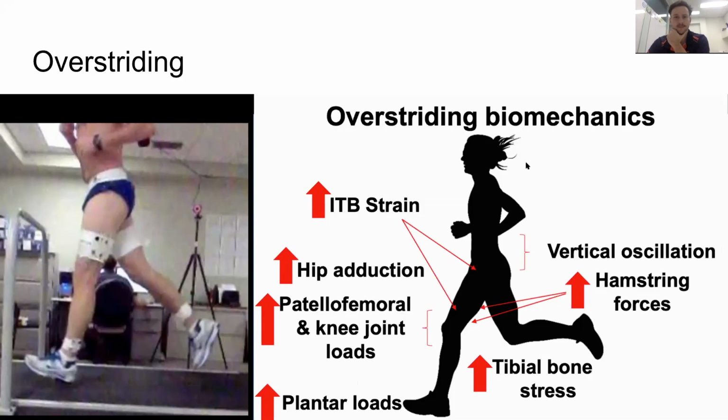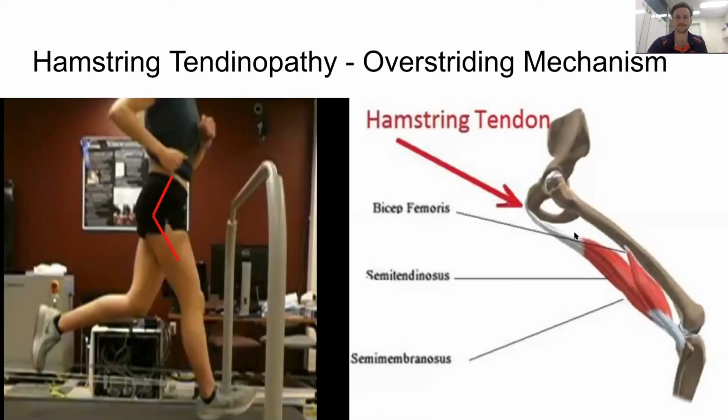And I guess with overstriding, you might not have this high-tech equipment in your practice to really notice it, but seeing an athlete run, if they're having that high vertical oscillation, so if they're bouncing up and down with each stride, it's a good indication they're taking too long strides while they're running.